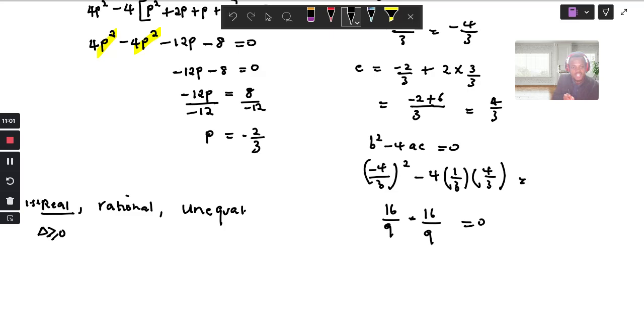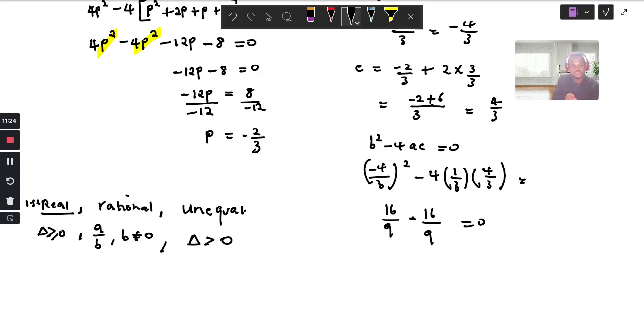The roots are said to be rational if it can be written as A over B, provided that B is different from 0. And the roots are unequal provided that the discriminant is strictly greater than 0.